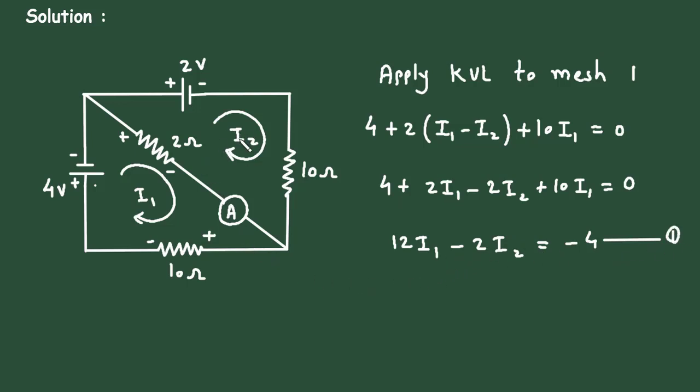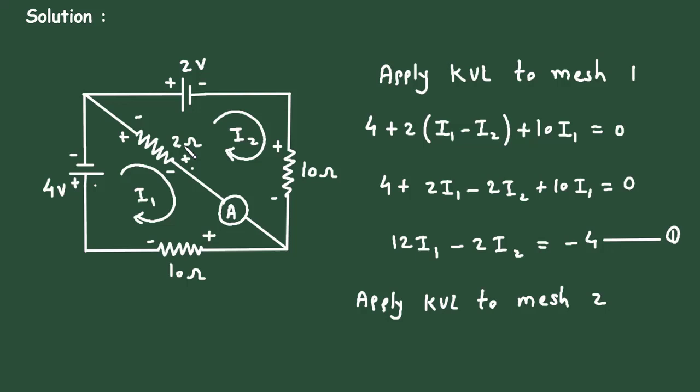Now next we will apply KVL to mesh number 2. According to the direction of this current, this will be positive, this will be negative, positive, negative. Let's say we are starting from this point again.